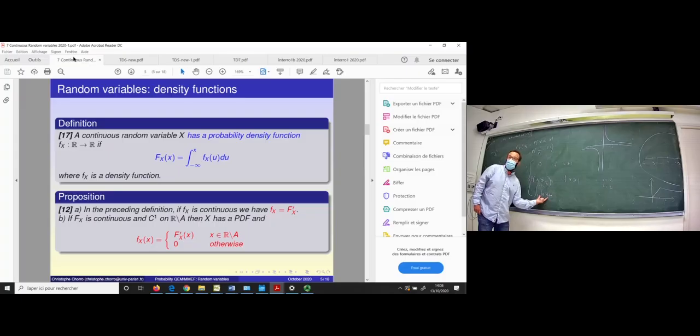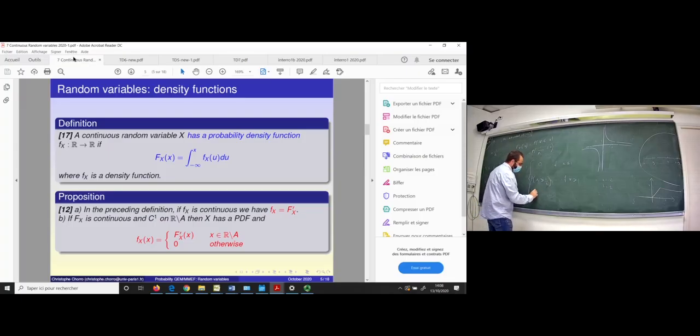The density is 0 if u doesn't belong to the interval 0, 1, and it's equal to 1 otherwise. If you want to develop, be careful. So that's why I will do directly the job, so I don't write this, but you can do it, and you obtain, of course, the same result here.